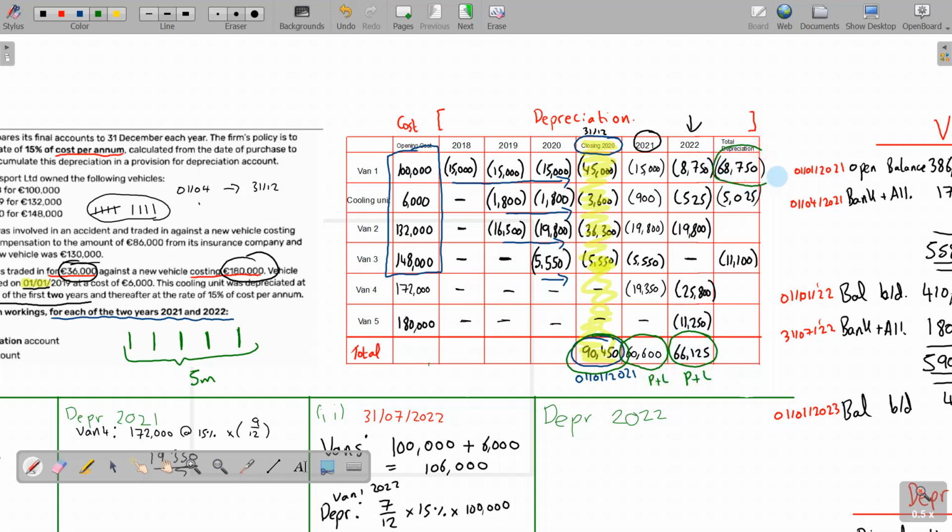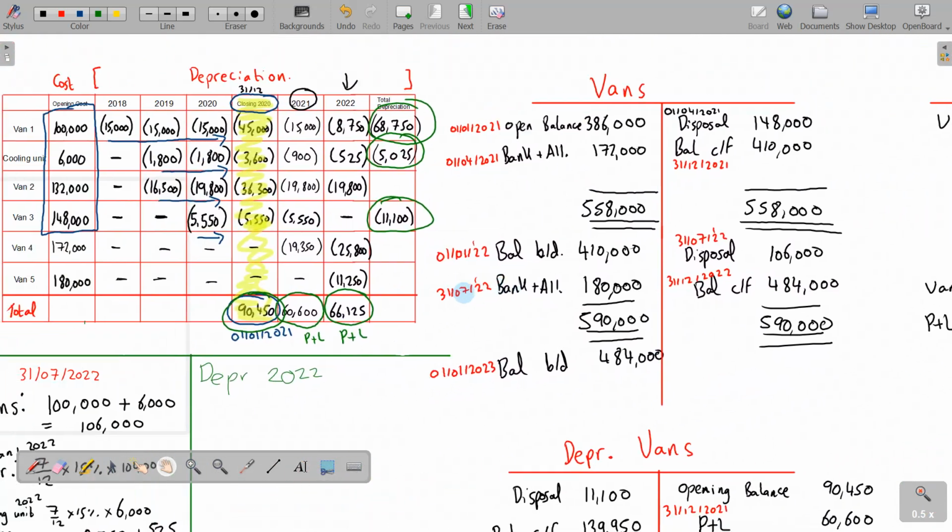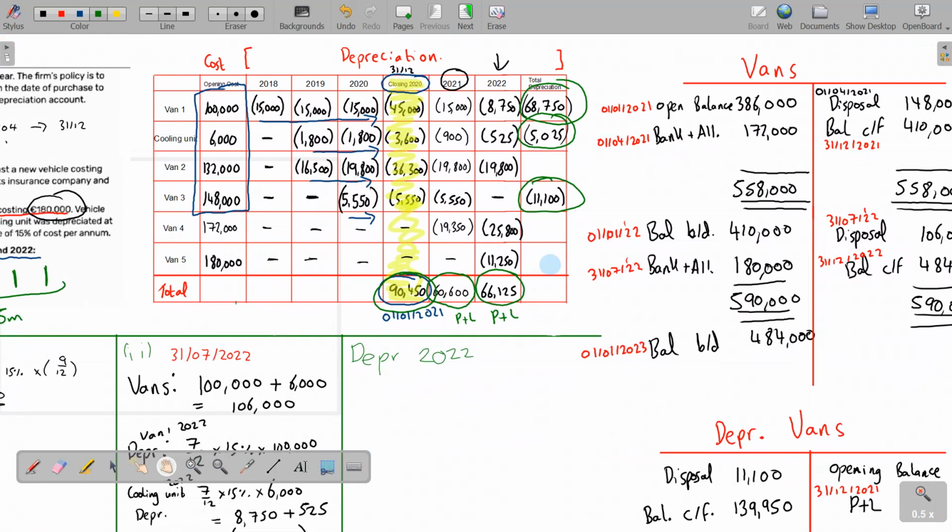And then here we get the total depreciation on the vans we disposed of. So that would help us when we work with our disposal account and we put them in. So hopefully that has made it somewhat easier to do the depreciation questions.